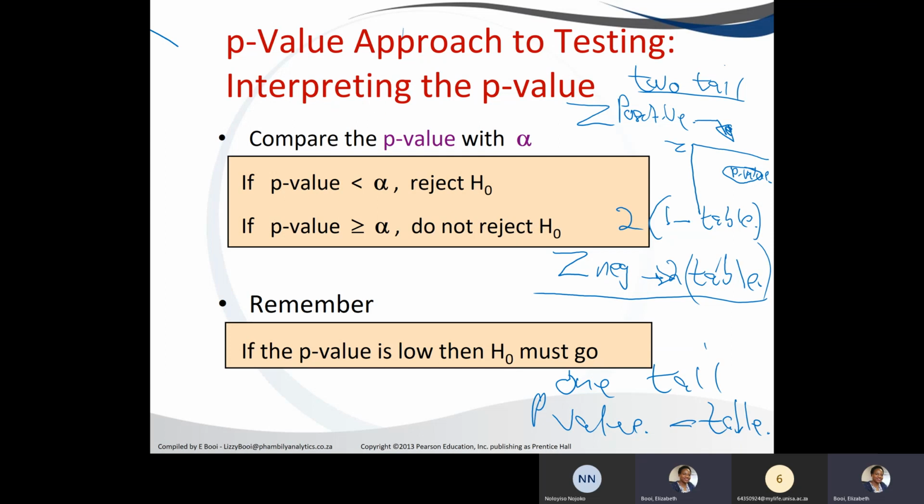So if the Z value is positive, remember we said we're going to subtract the value we find on the table from 1. I need to open the Z table just now, give me a sec.